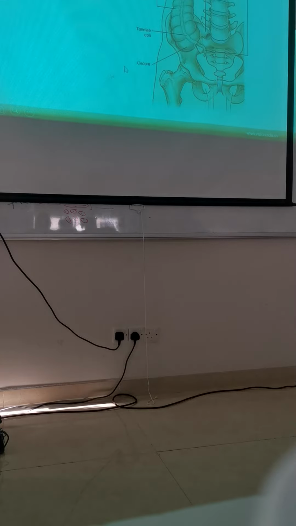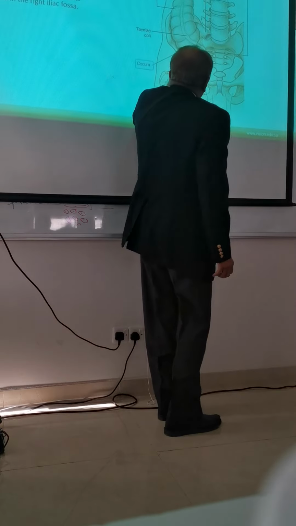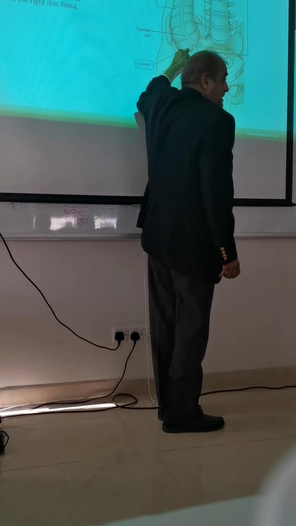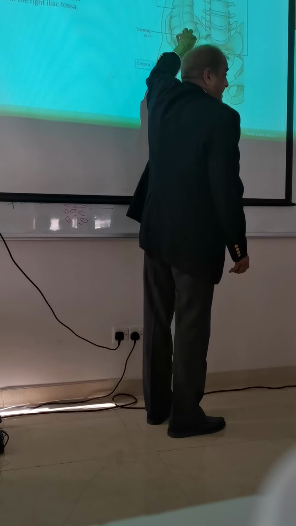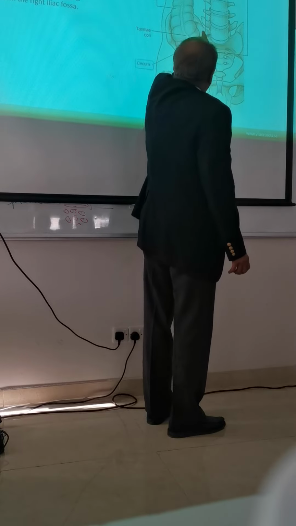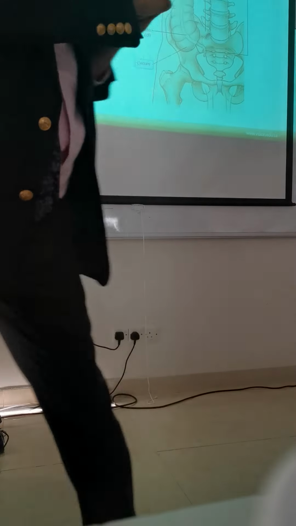The cecum. What is the cecum? It's an out pouch, a blind pouch. Why? Because it does not go downward, it goes up. This structure is called the cecum, and here we have a connection with the ileum, which we call the ileocecal junction.